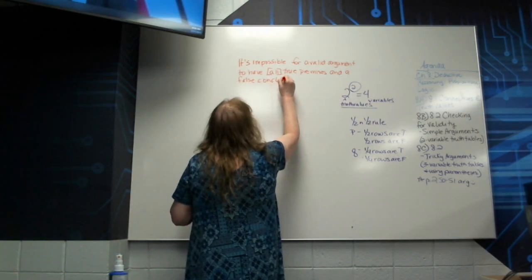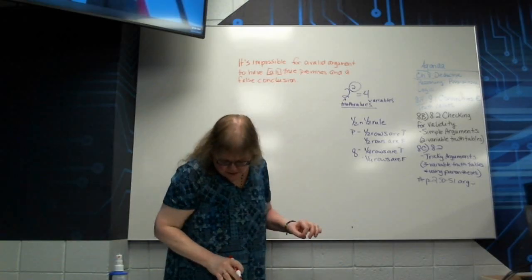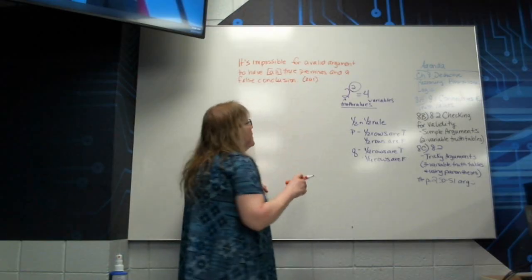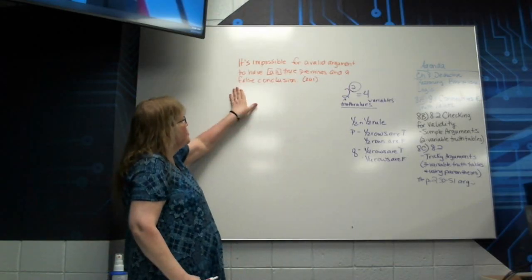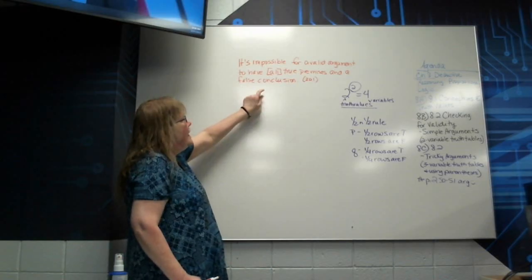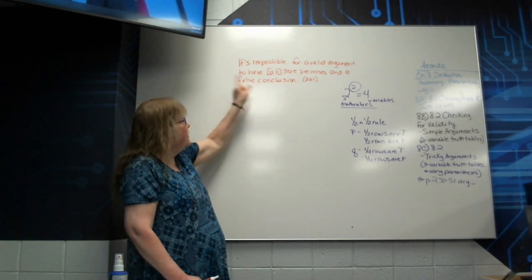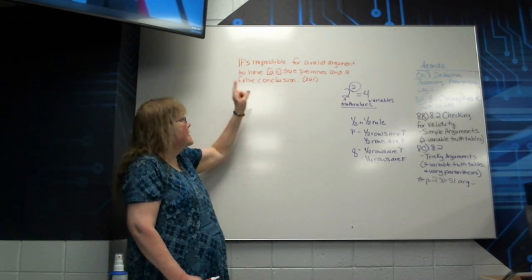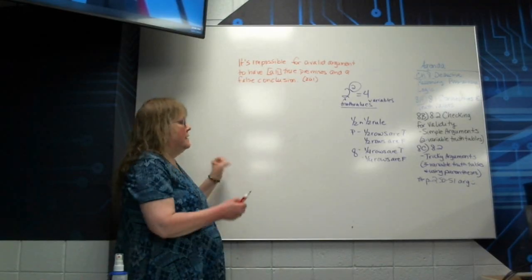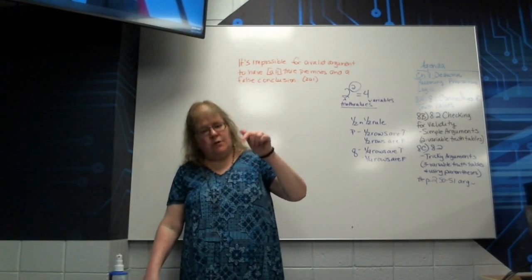This is our overriding theme, and this is on page 261. So it's impossible for a valid argument to have all true premises and a false conclusion. If it's possible for our argument to have all true premises and a false conclusion, then it's invalid. It can't be valid, so it's invalid. Have this running around the back of your head.